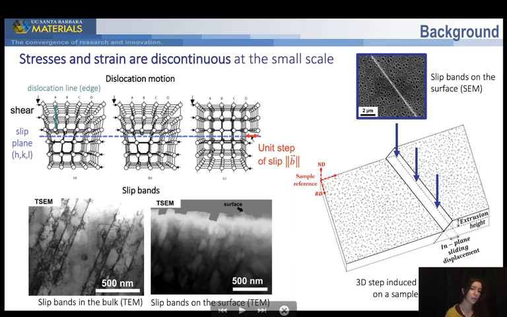When a dislocation travels in the lattice, it will eventually produce a unit step of fixed magnitude within this lattice. Transmission electron microscopy obviously is the best microscopy method to image these dislocations. When you do so, you'll find out that dislocations often glide together on the very same plane.